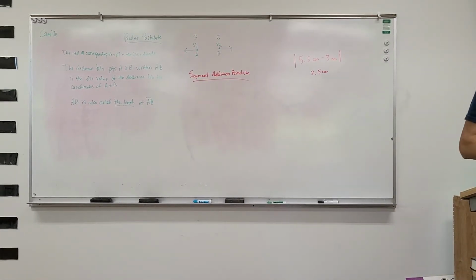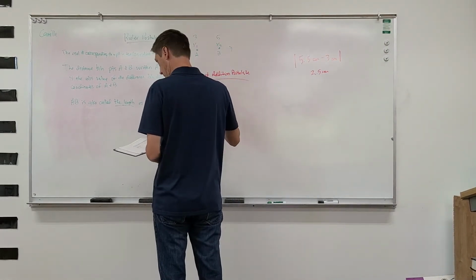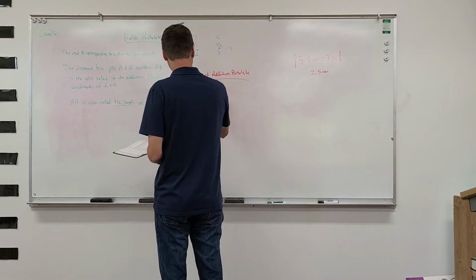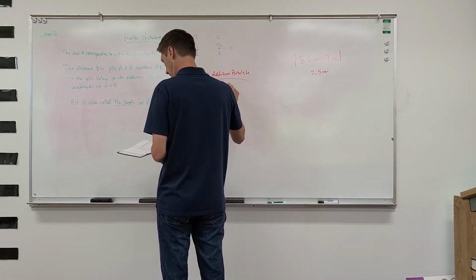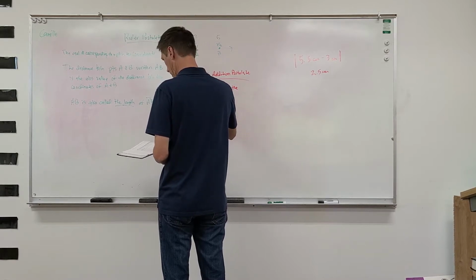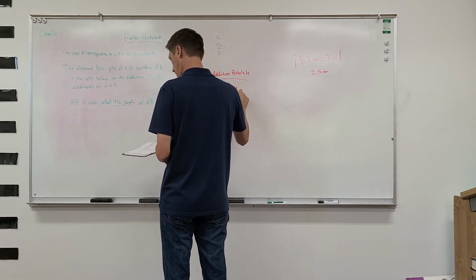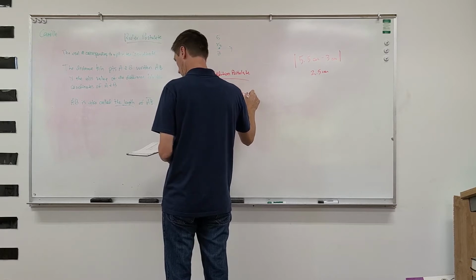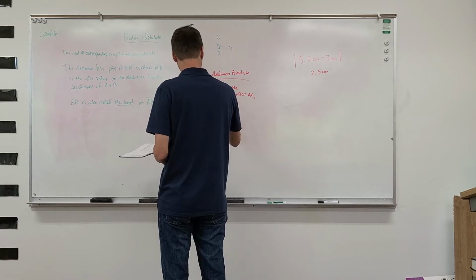All this says is that if B is between A and C, then AB plus BC equals AC. If AB plus BC equals AC, then B is between A and C.